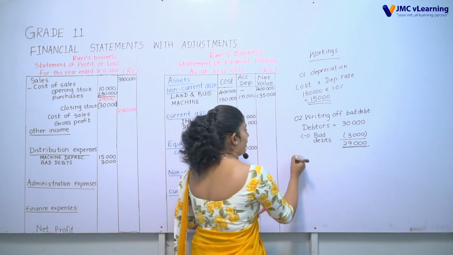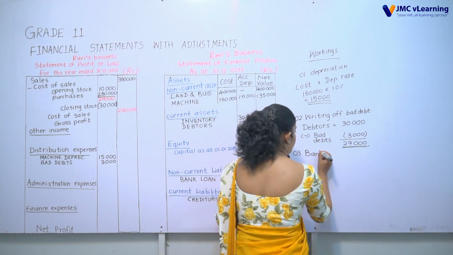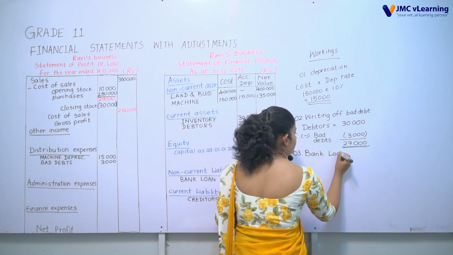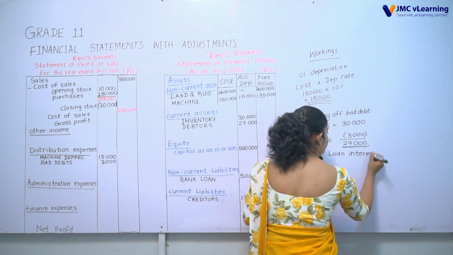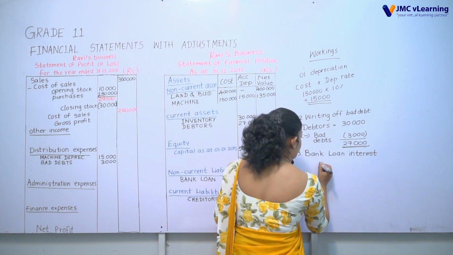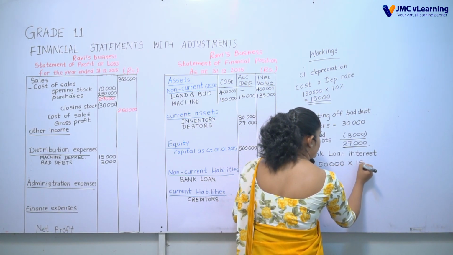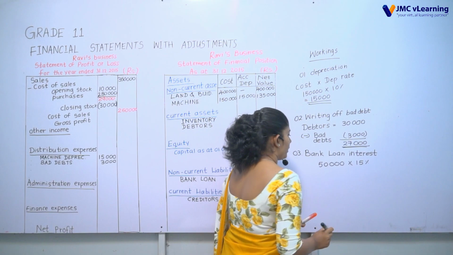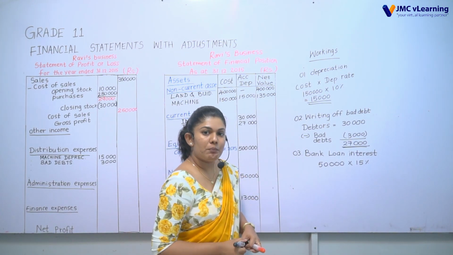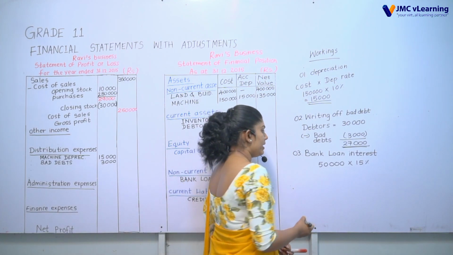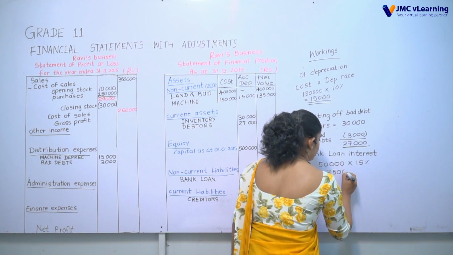Therefore, we are calculating bank loan interest. 50,000 into 15%.